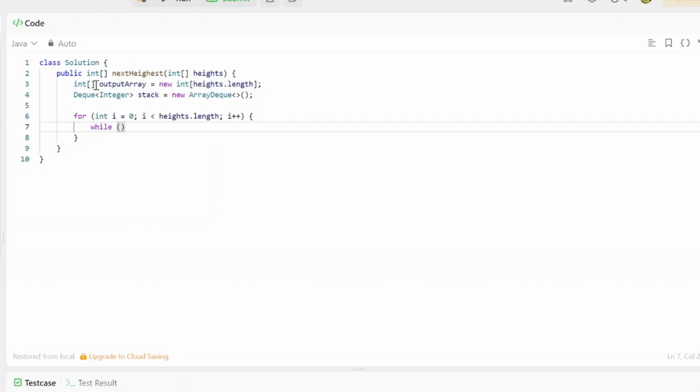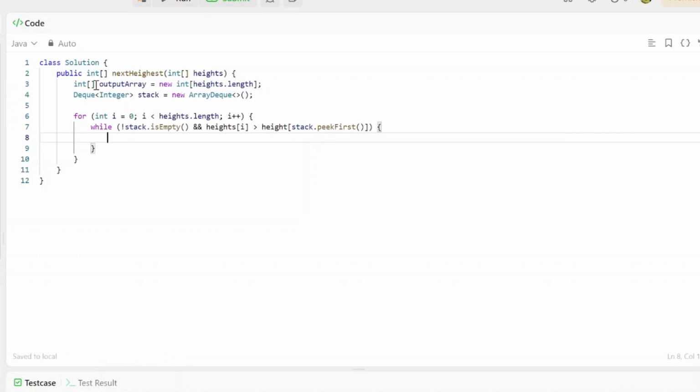After that, according to the algorithm, while the stack is not empty and the height of the current element is greater than the height of the element that is on top of the stack, then we need to keep popping until we see an element that is higher than the current element on top of the stack.